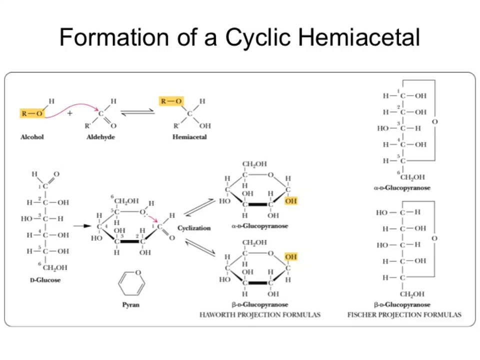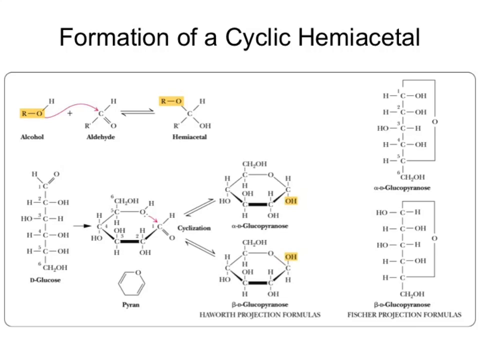The next thing we're going to address is this issue between alpha and beta, which happens when we cyclize a saccharide. Okay? That alpha and beta is looking at the OH with respect to your CH2OH. Notice that in this case they're on the same side of the ring, which means we have a beta.